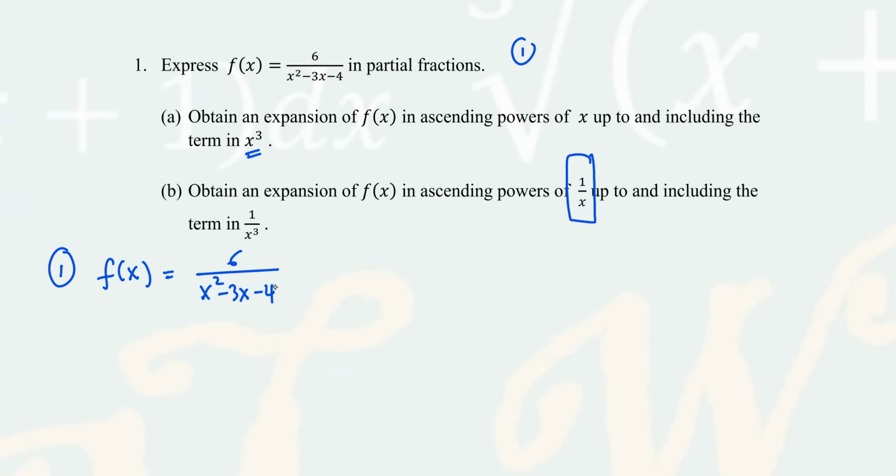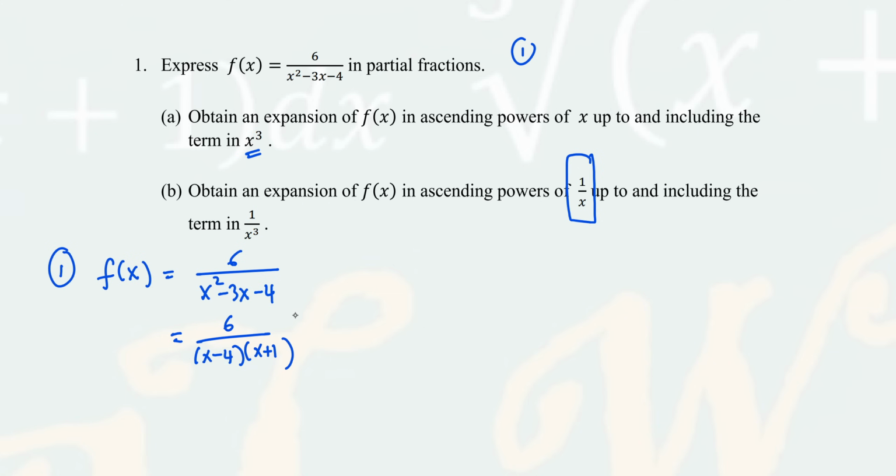Okay, so from here, the quadratic function can be factorized into x minus 4 and x plus 1.